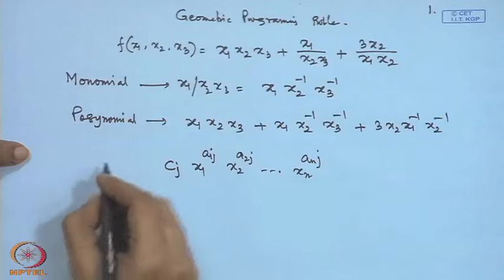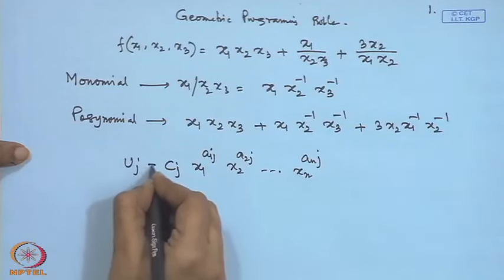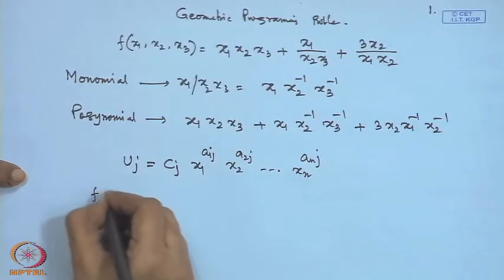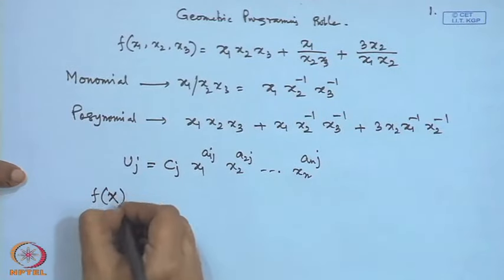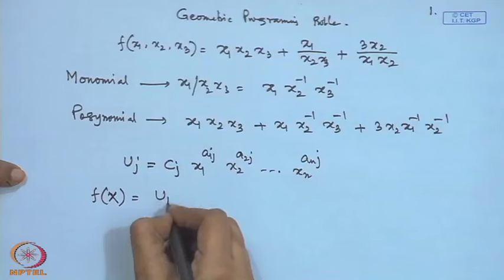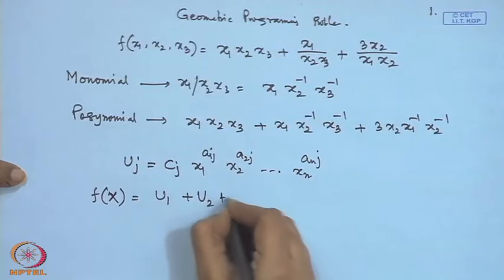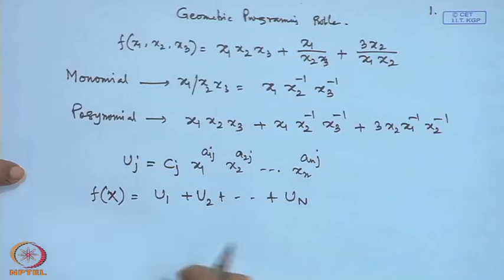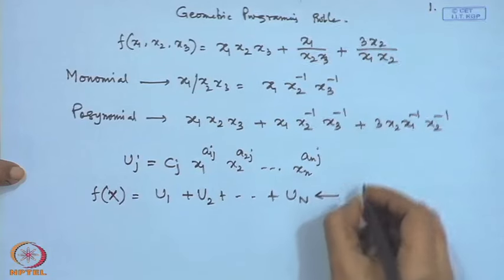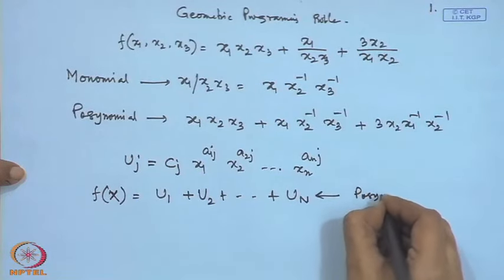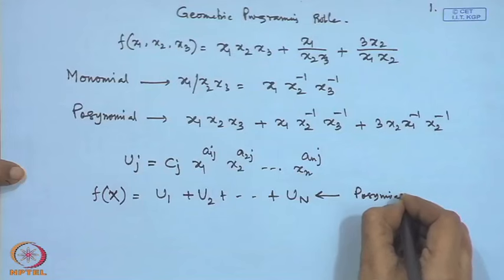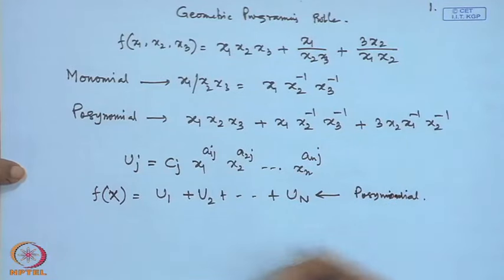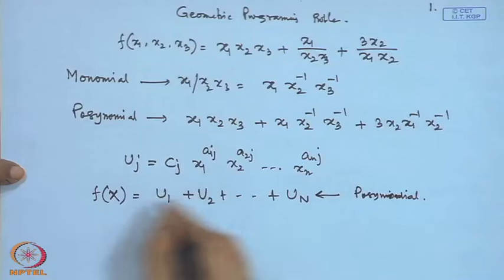If we have the individual monomial of the form uj, then we can have the function f(x) as u1 plus u2 and so on, say there are capital N terms. Then this is a posynomial, and these kinds of functions are involved in the geometric programming problem.